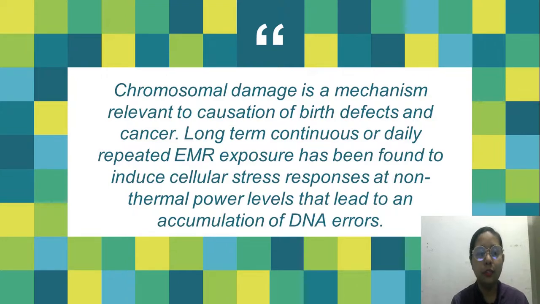So this is one of the disadvantages or the effects of electromagnetic radiation or too much exposure to electromagnetic radiation. So the result will be the accumulation of DNA errors. That is why it is called chromosomal damage.